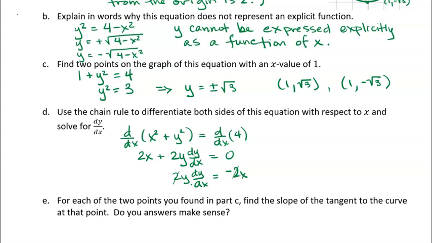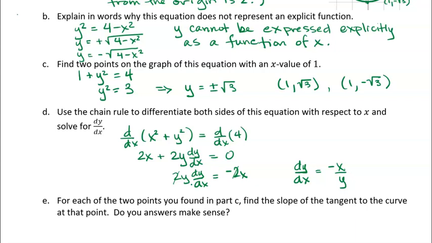And so my final answer will be dy/dx equals, I'm just going to take that negative x and divide by y. So there's dy/dx. There it is right there. That's dy/dx. And we did that by differentiating implicitly. All right? We differentiated the function that was written implicitly.